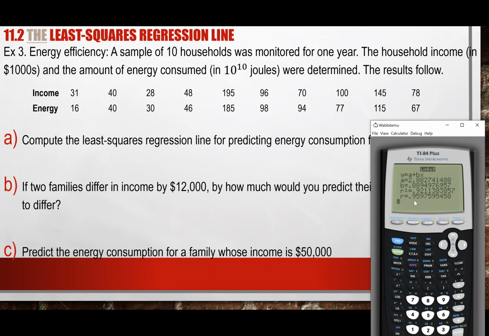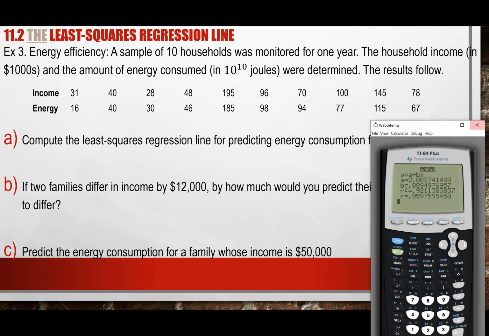The A is 2.88, the B is 0.8894, and this r, remember, is very close to one, a very strong linear relationship, in the sense that the more income we have, the more energy we are consuming. Basically, with more income, they probably have a bigger house, and if they have a bigger house, maybe they spend more on their energy bill.